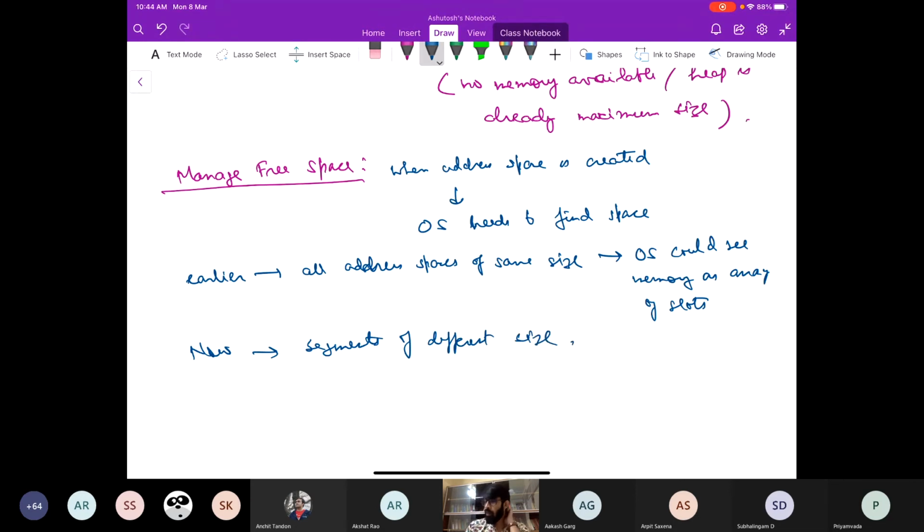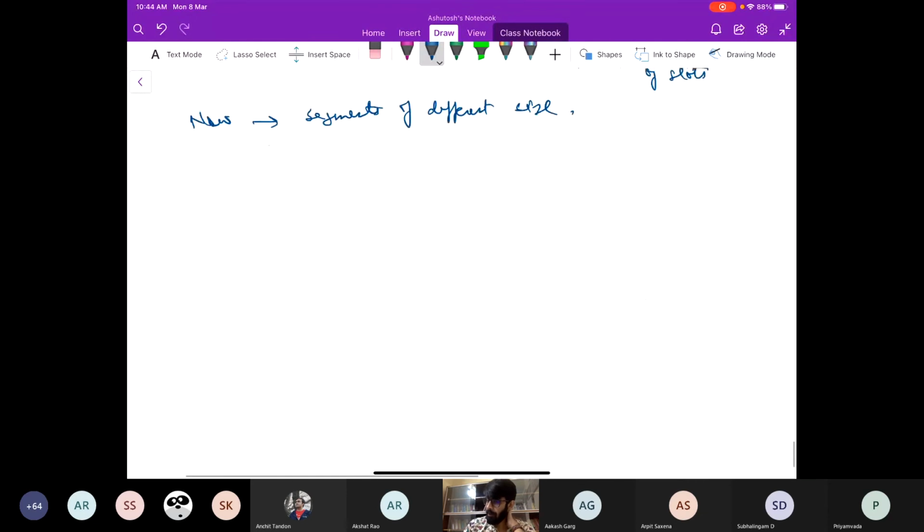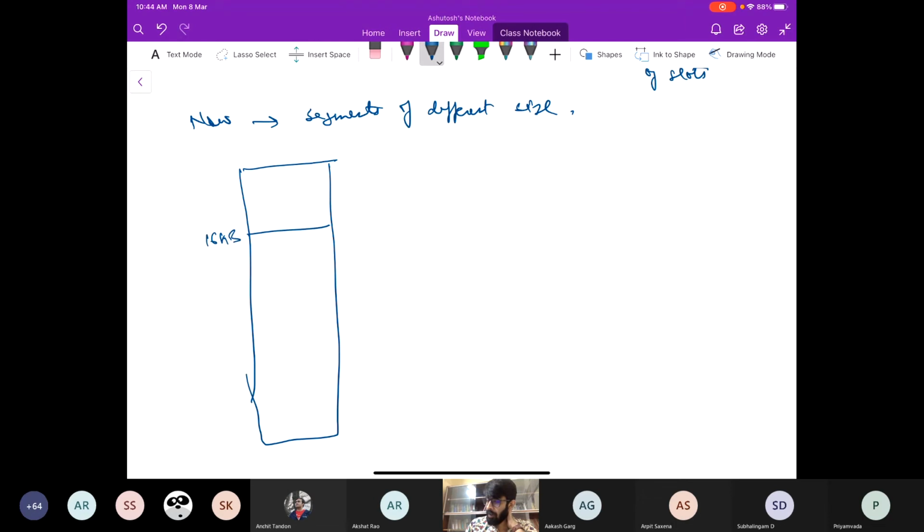So now the problem that happens is that there can be some small holes at many places. So suppose the OS was till 16 KB, then let's say this was 64 KB, and then 8 is unused, 8 is used, 8 is unused, 8 is used, 8 is unused, and 8 is used.